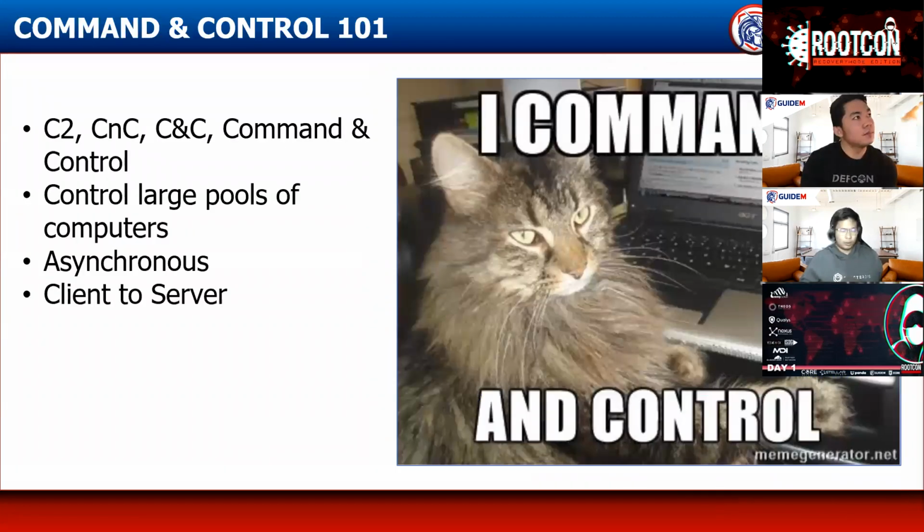So just a brief introduction on Command and Control 101. There are many terms that we can define or we call Command and Control or C2. We can call it CNC and Command and Control Framework. So essentially, how we describe command and control is it's the way an attacker actually communicates to its victim machine or its compromised machine.